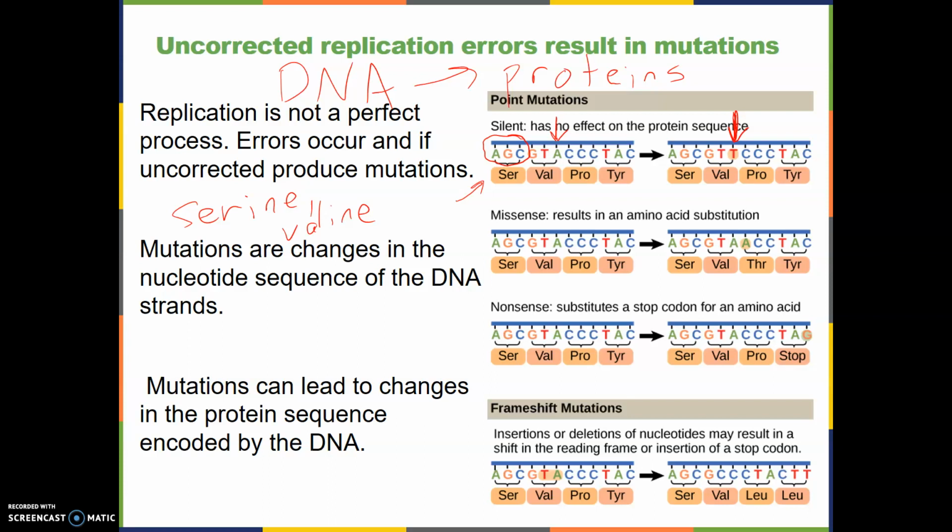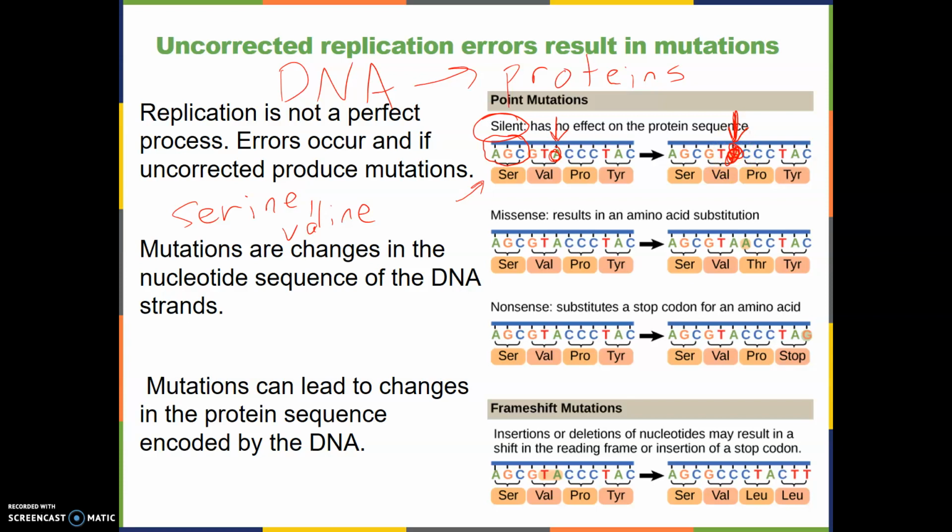In fact, most of these amino acids have 4 to 6 triplet codes that can code for them, so that some mutations end up being silent mutations. And it's a point mutation because it's just one nucleotide that's been exchanged for another. The A at one point was changed to a T, so that's a point mutation.